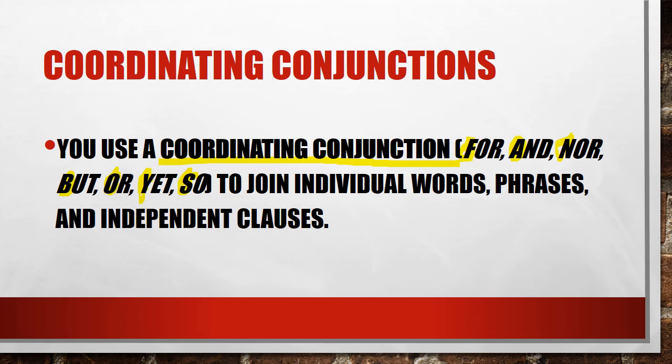F for for, A for and, N for nor, B for but, O for or, Y for yet, and S for so. FANBOYS. If you remember FANBOYS, you will always remember your coordinating conjunctions.